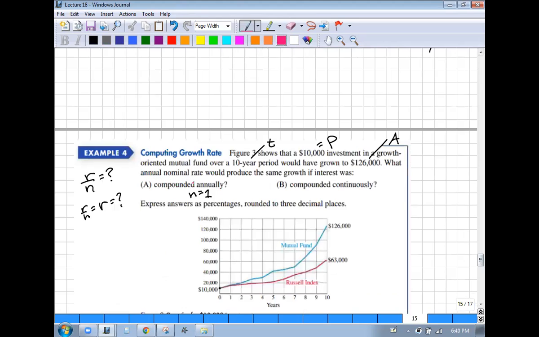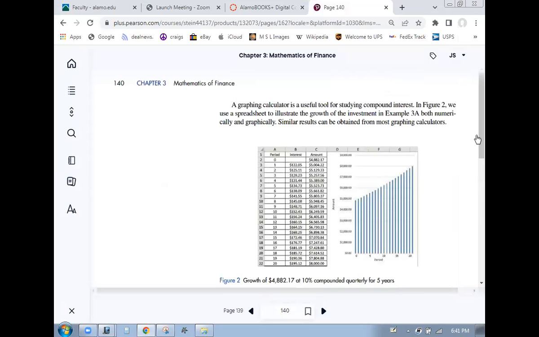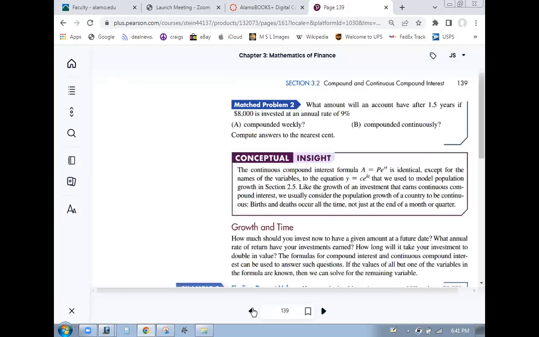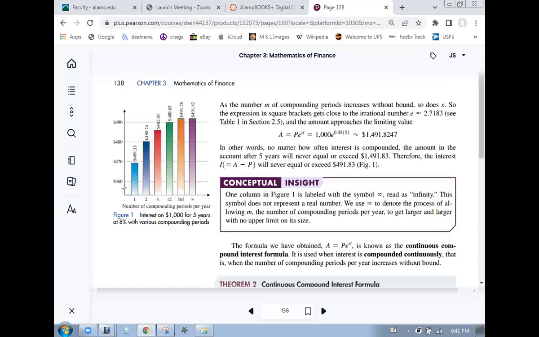Maybe I misunderstood at the beginning of class, but it seemed pretty clear. Let's look at it again real quick before we go. Because if you're compounding continuously, I thought it was the interest charged per interest period, right? So if you're compounding monthly, you take your annual rate and divide it by 12, right?